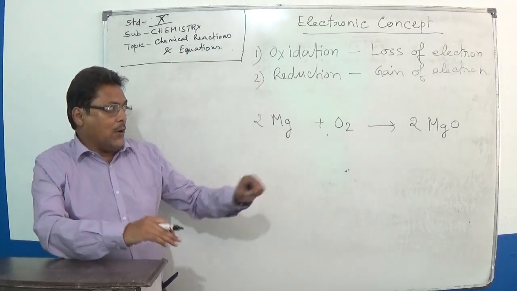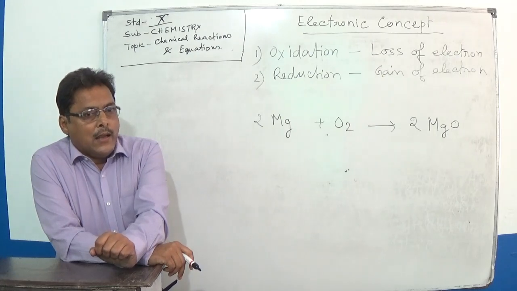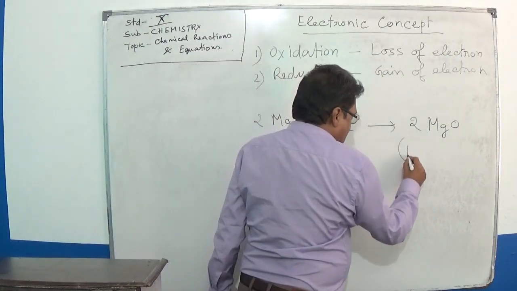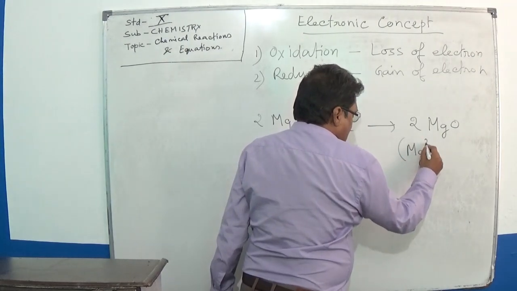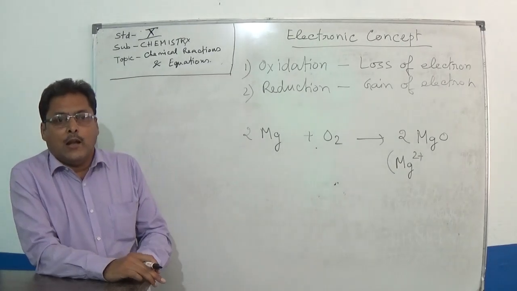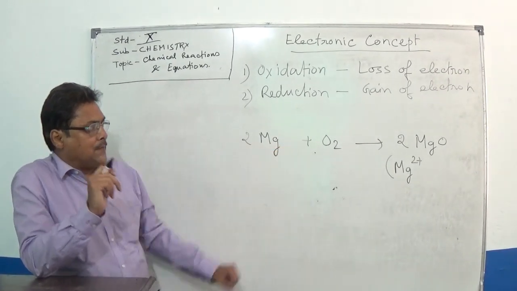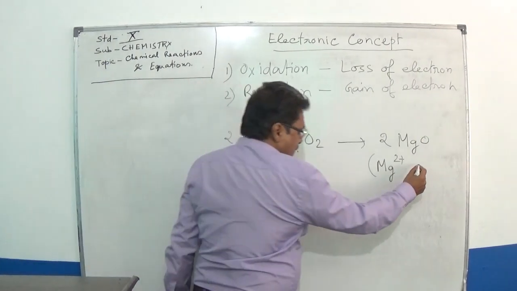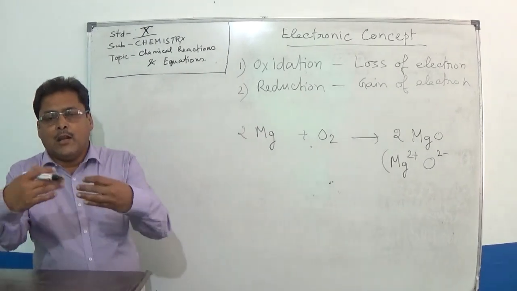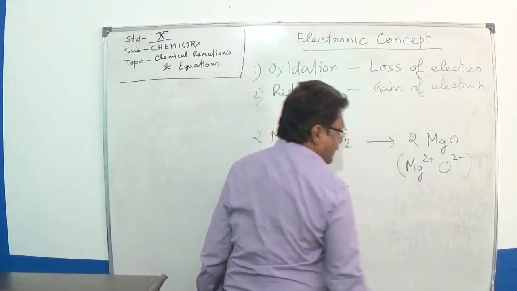But in this ionic compound, magnesium oxide, actually what happened is that magnesium is a 2+ ion because it has lost 2 electrons to combine with oxygen. And oxygen has gained 2 electrons, so it is now a 2- ion.